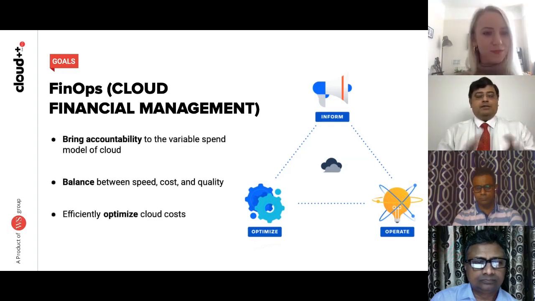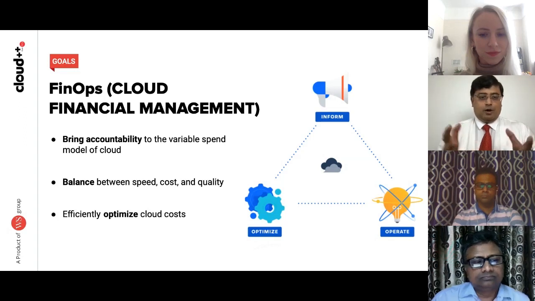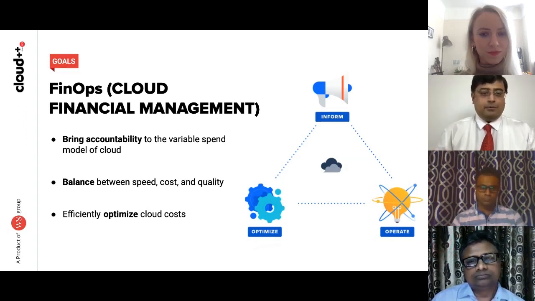So this slide, if you see, one very interesting thing is the speed, cost, and quality triangle. Obviously, if we increase the cost, we can have better resources, more speed of our infrastructure, a better quality infrastructure.